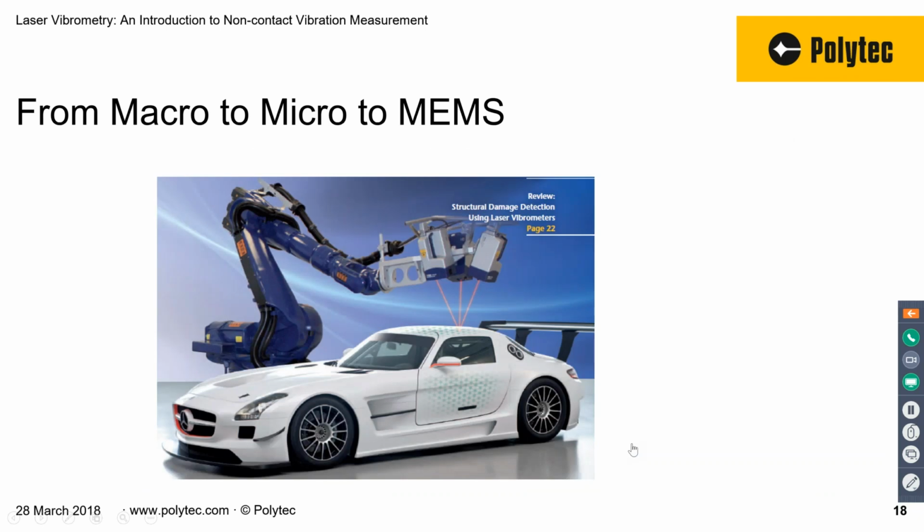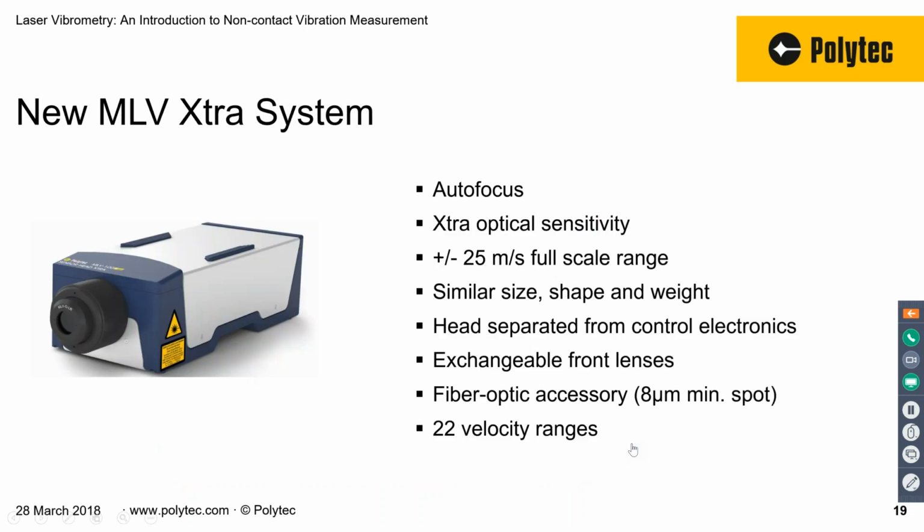And here's our robot-based vibrometer. I mentioned I would go over the new MLV system, new laser vibrometer that we have. It has built-in autofocus. It has what we call extra optical sensitivity, which means instead of using a red laser, it's using a near-infrared laser. The advantage of using a near-infrared laser is that we can boost the output power while maintaining eye safety.